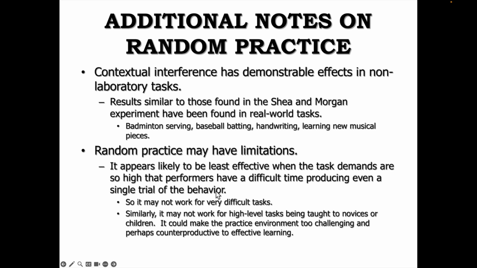Meaning that if you're a beginner and can't even hit the rim consistently when shooting free throws, random practice for true beginners who are barely having any success might not be beneficial. It might be better for them to undergo some block practicing until they start actually hitting the rim before we start doing some random practicing. So for very difficult tasks, for newbies just learning something for the first time, block practicing might be a little more beneficial than random practicing.